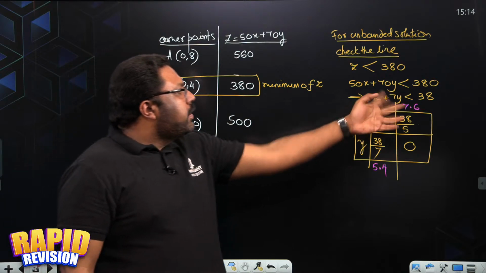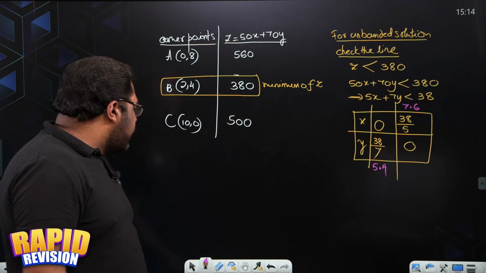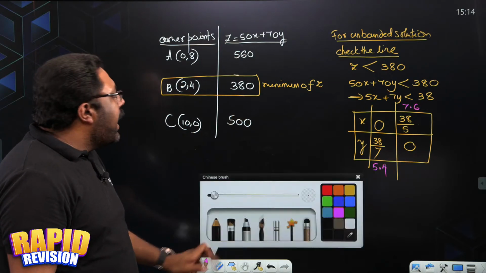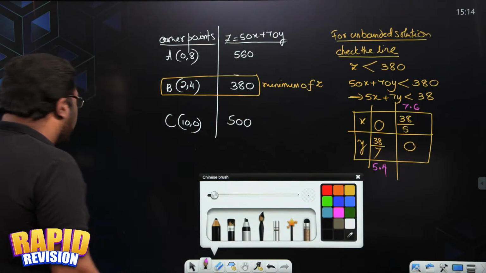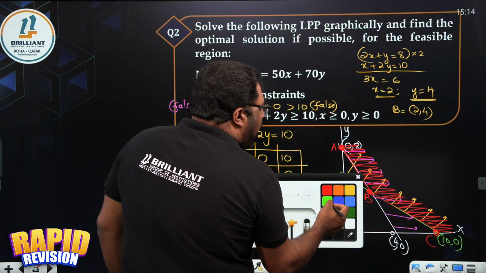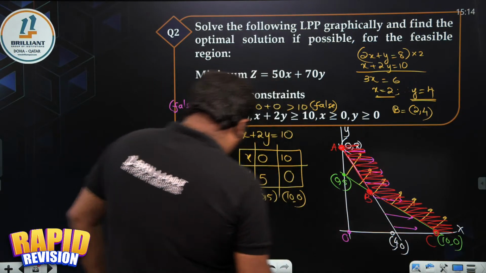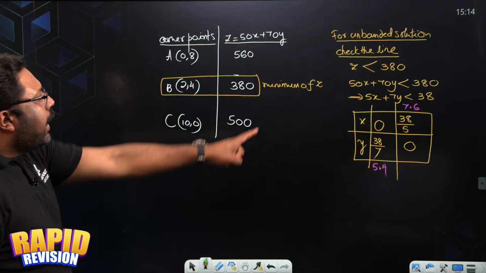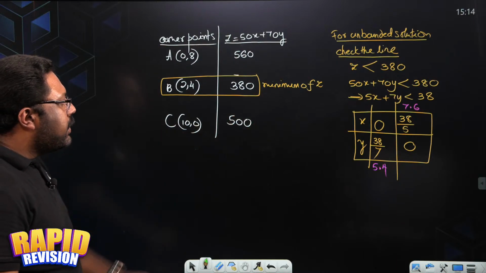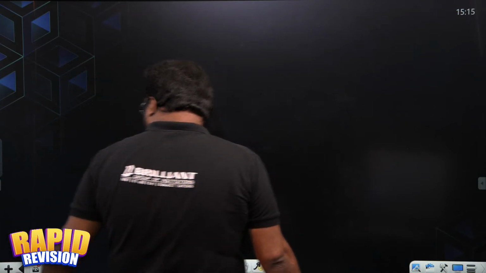So on the x-axis 7.6, on the y-axis 5.4. Once again, the point: x-axis 7.6, y-axis 5.4.